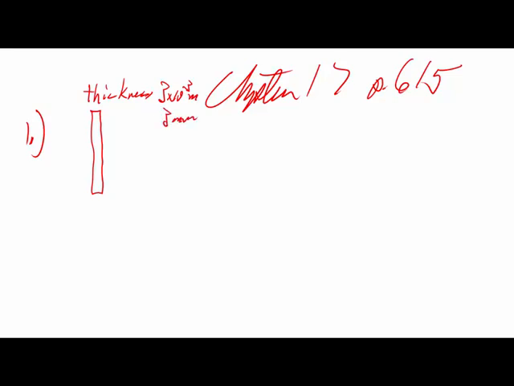Okay, use our prefixes. And we want to know the light ray coming in. How long does it take to pass through there before it comes out the other side?